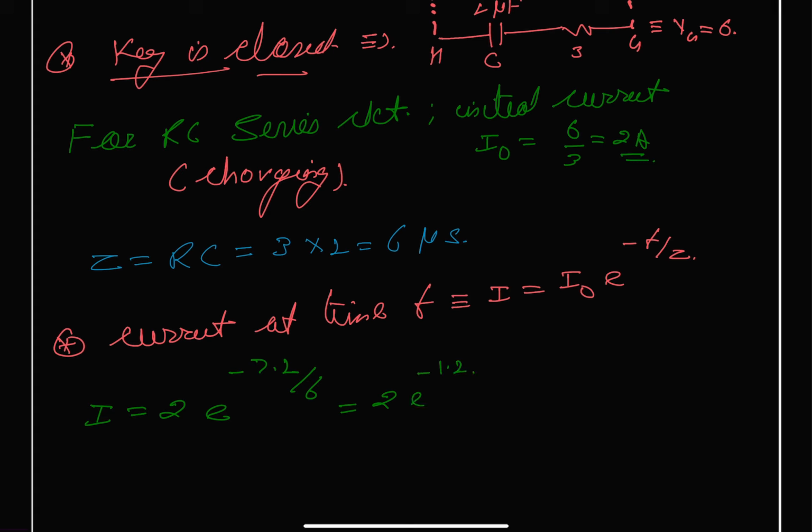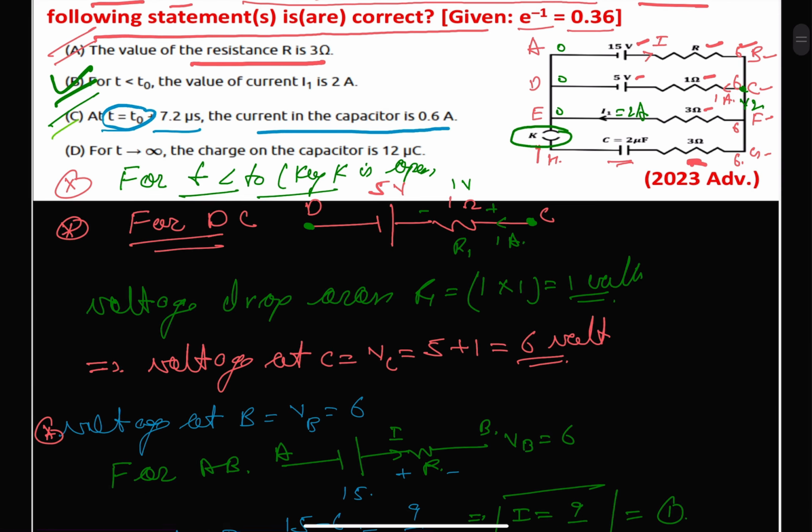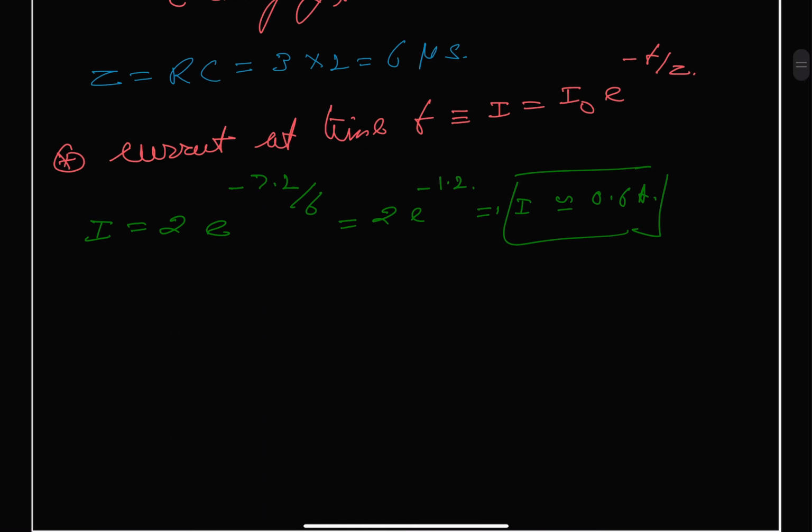And the value of e raised to power minus 1 is given to us. So we can say this current I will be approximately equal to 0.6 amperes. So option C is also correct.